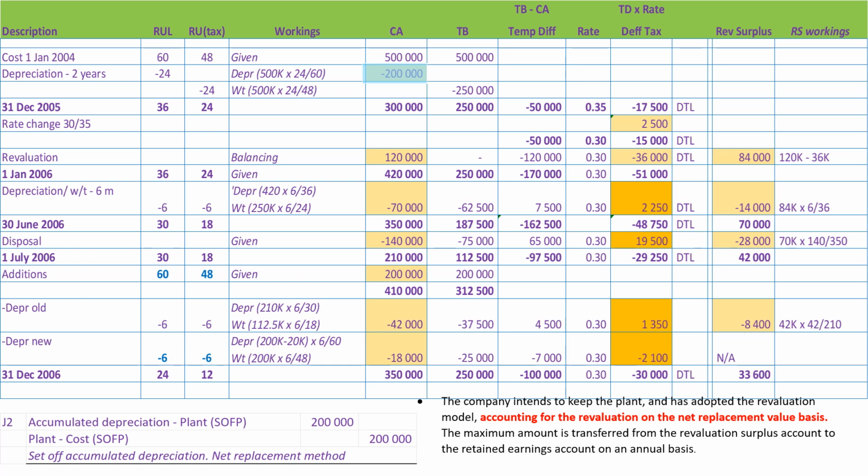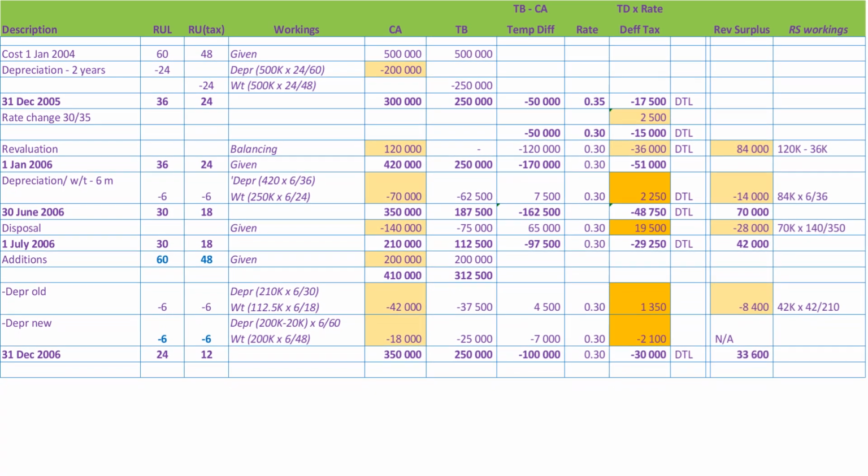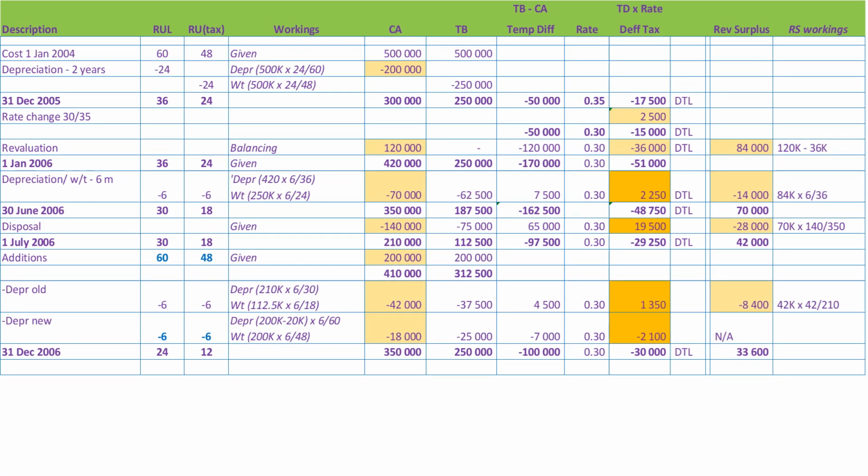Thus, your entry would be debit accumulated depreciation 200,000 and credit your cost of 200,000. Narration: set-off of accumulated depreciation, net replacement value method. The next step is to account for the actual revaluation.